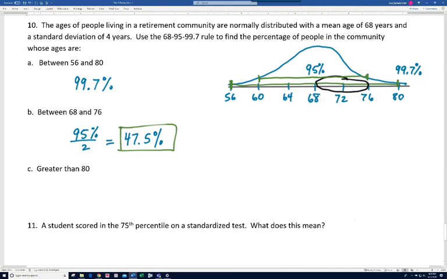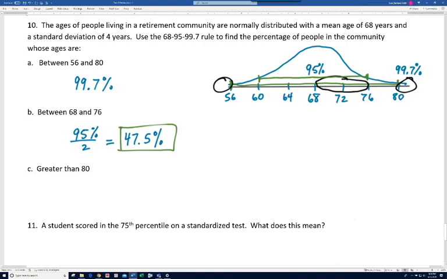All right, on this last question, it says the percentage of people greater than 80. Well, greater than 80, that would be out here. Now, we already know that inside of these 2 circled areas I have here on the ends, we know 99.7% of the data is within 3 standard deviations, between 56 and 80.